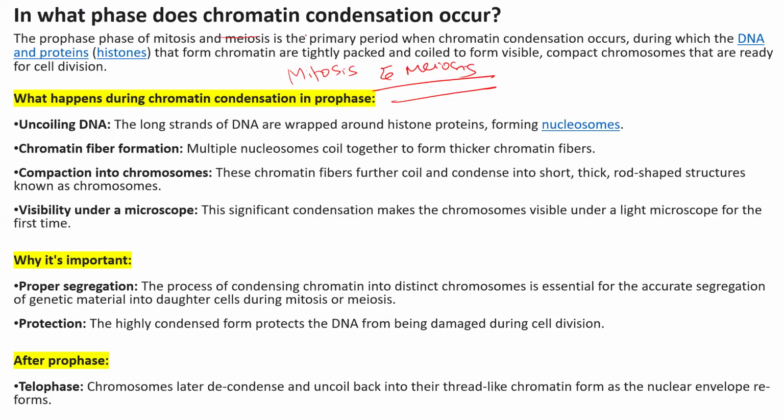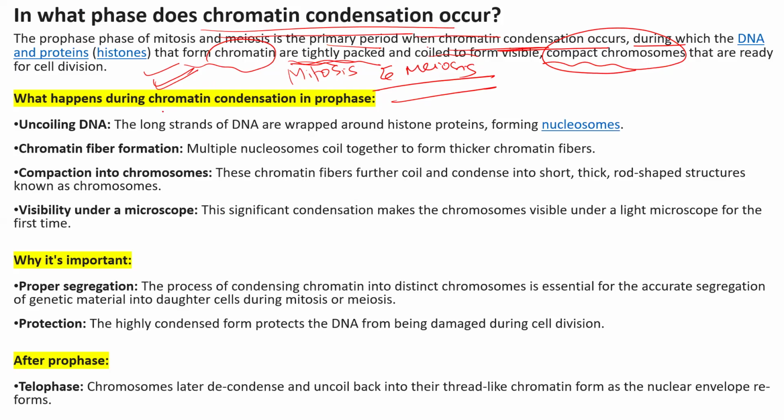It is the primary period when chromatin condensation occurs, during which the DNA and histone proteins that form chromatin are tightly packed. Chromatin is made up of DNA and histone proteins. The chromatin is tightly packed and coiled to form visible compact chromosomes that are ready for cell division.